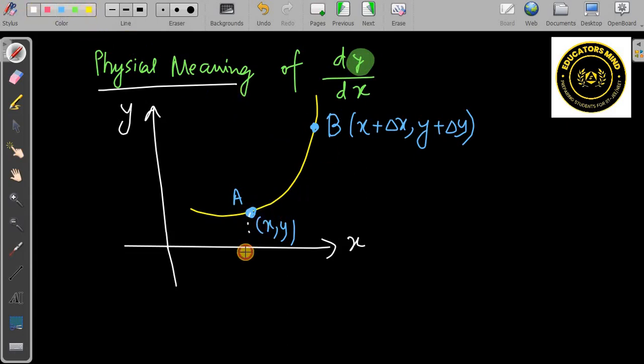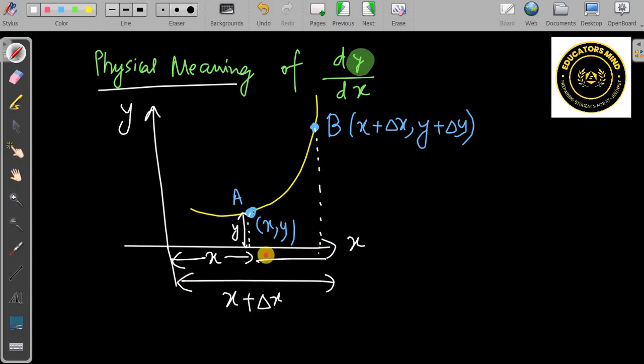So you can represent it like this also. This is x from here to here, and this is y. And similarly you can plot this here. So this distance is x plus delta x. So this is the point B, and this length is delta x. Similarly, this total final length is y plus delta y.